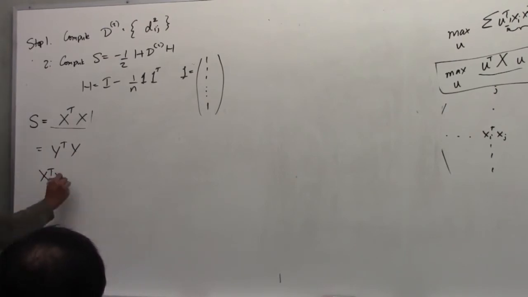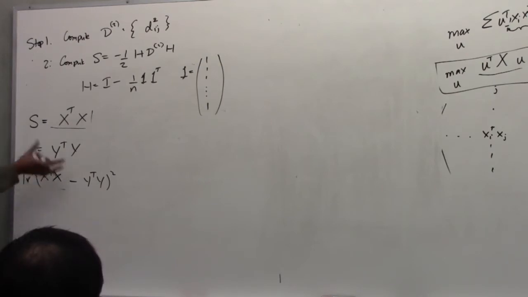You want to minimize the trace of this quantity. This is how we do matrix minimization. If you want two matrices to be very similar, you minimize the trace of their differences.